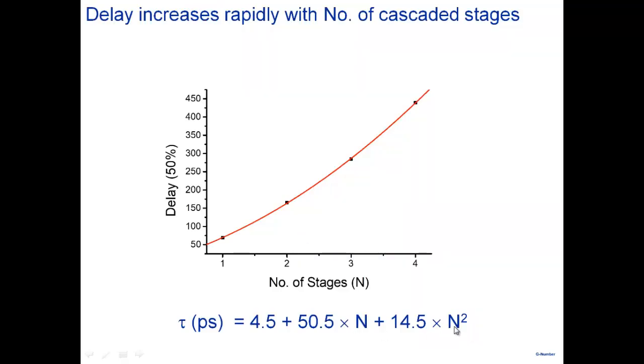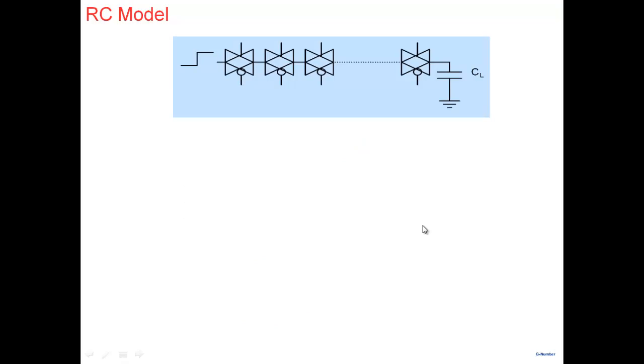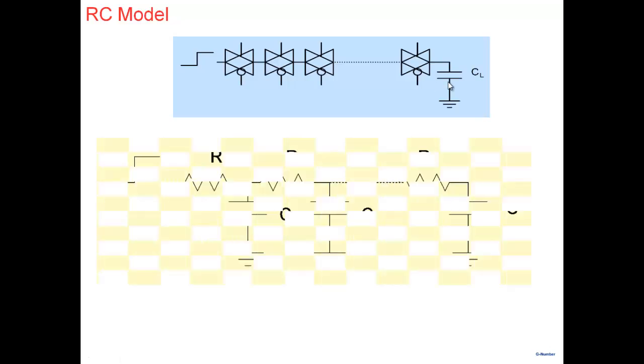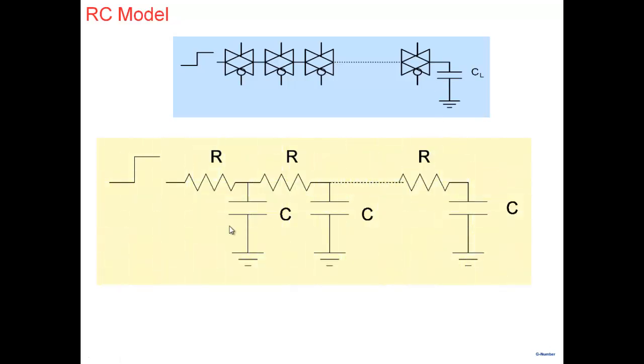So this is problematic. As I'm building more complicated logic, the delay increasing as n-square is problematic. And so the way one can break that, if you look at these pass transistors, a number of them connected in series with some capacitance here, you can build a very simple RC transmission line model.